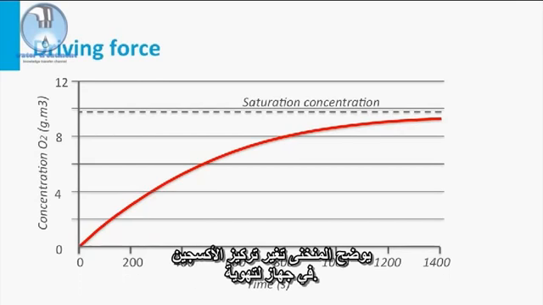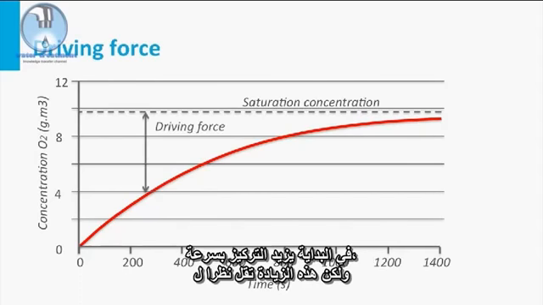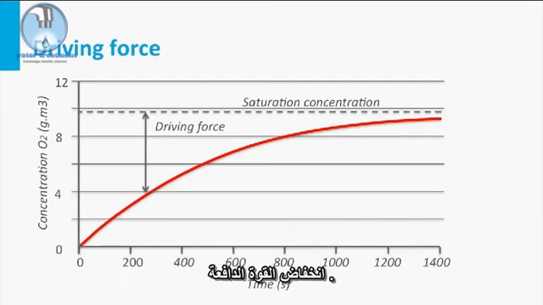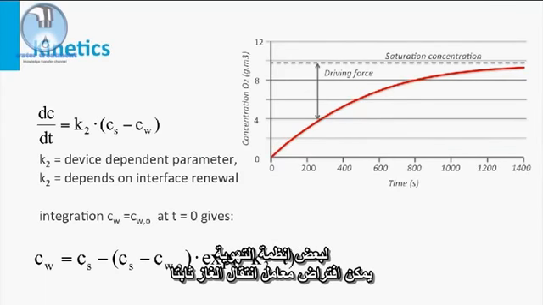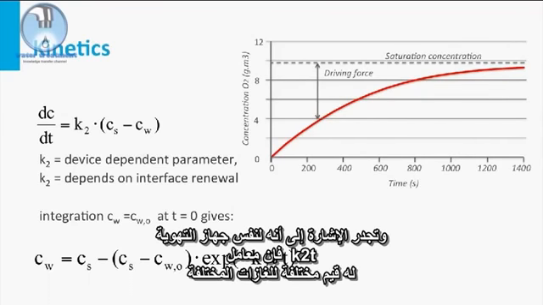The figure shows the profile for the oxygen concentration in an aeration device. Initially, the concentration increases rapidly, but this increase is slowed down due to the reduced driving force. For a certain aeration system, the gas transfer coefficient can be assumed to be constant. It should be noted, though, that an aeration device has different K2T values for different gases.